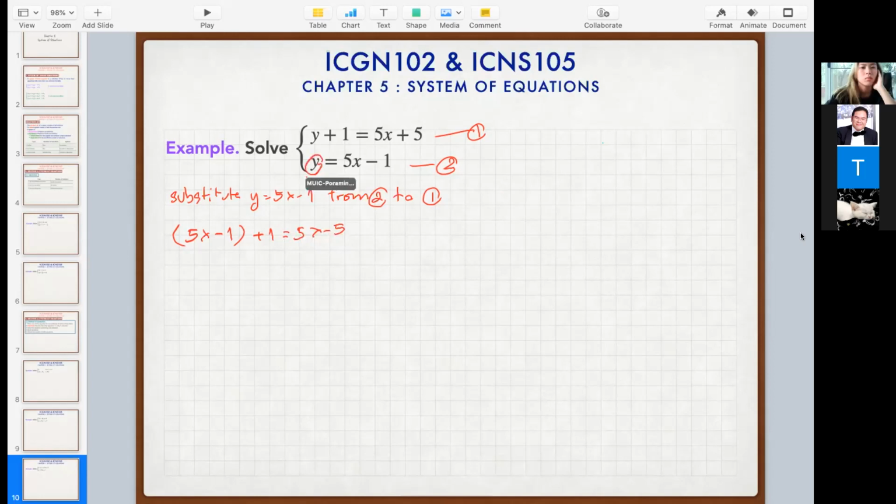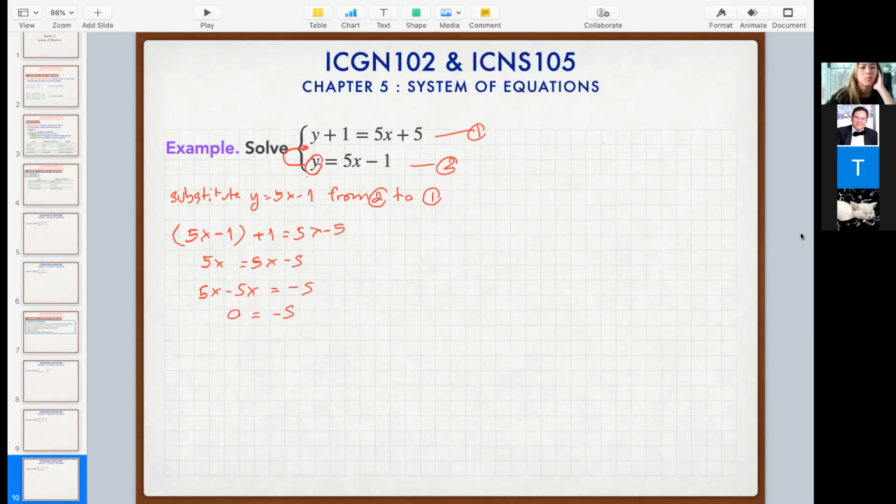Just substitute y into equation number 1, then we get 5x minus 1 plus 1 equals to 5x minus 5. Then we get 5x equals to 5x minus 5. If you move this 5x to the left hand side, 5x minus 5x equals to -5. 0 equals to -5. That is impossible.